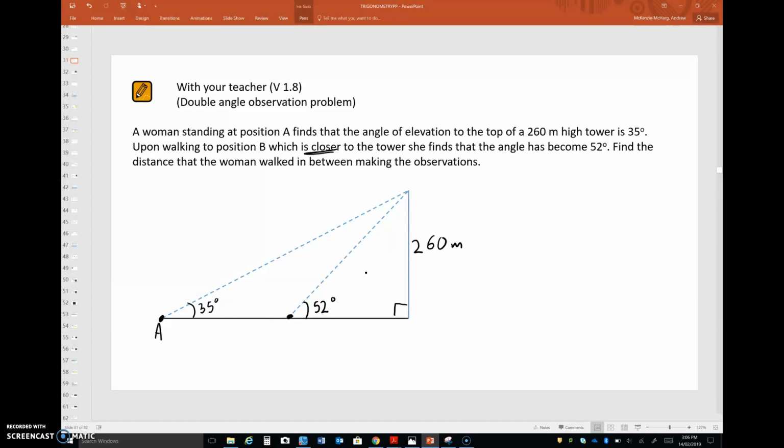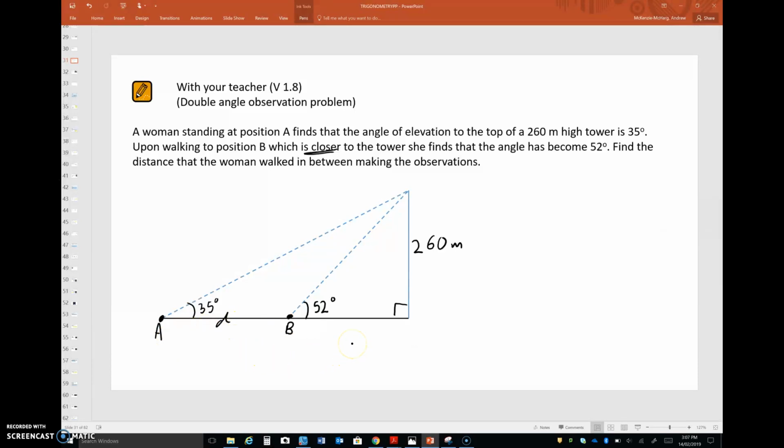So this problem is going to involve calculating the distance from A all the way to the bottom of the tower. I'll put B in there, and from B all the way to the end of the tower, and then finding this difference here to get that. That's what we want, is the distance between the two, which I'll call D. So we want this along here, that distance.